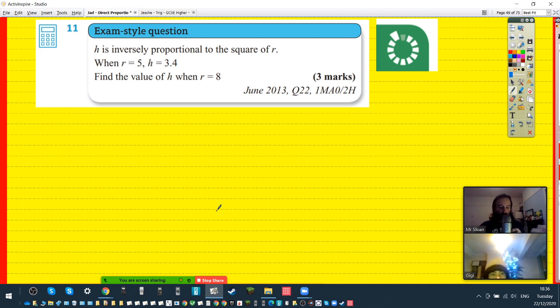Not sure. So in general, h is inversely proportional to the square of r. What could you write for that? H equals k over r. Something's missing. Or r squared. That's it. What can you do next?